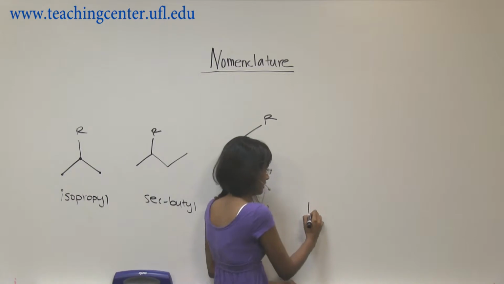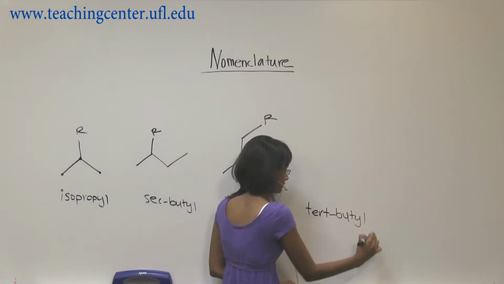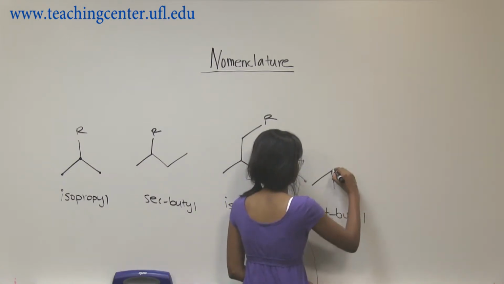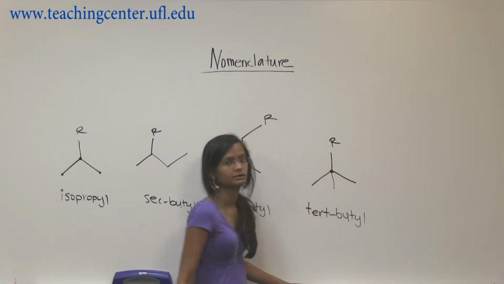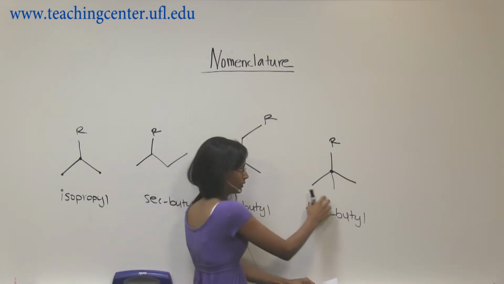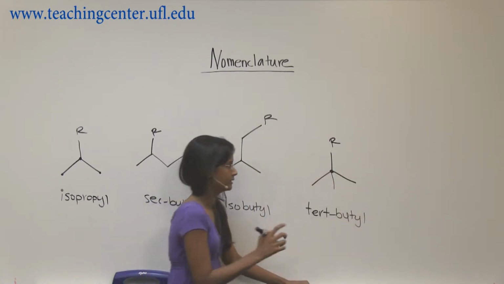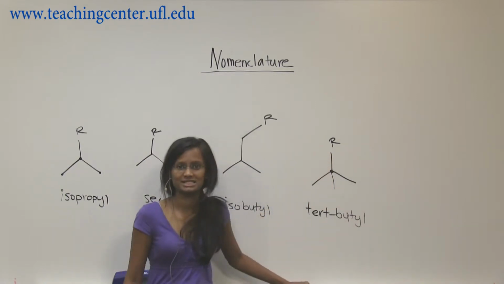And then you have tert-butyl, which is going to be 4 different substituents off of 1 carbon, where you have 1, 2, 3, and 4, and then you have the carbon chain starting.